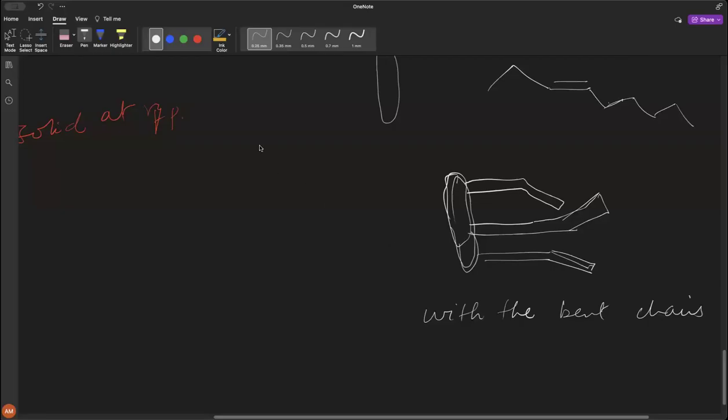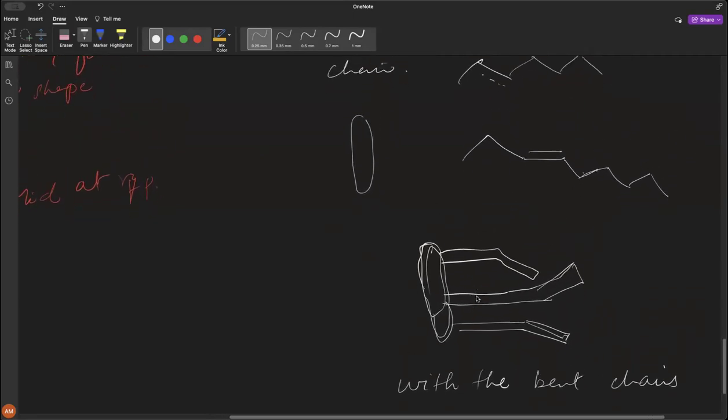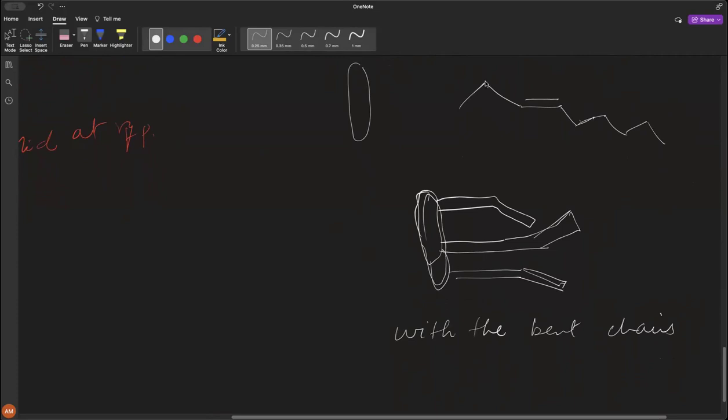Due to the presence of these double bonds, we are going to learn what this means.